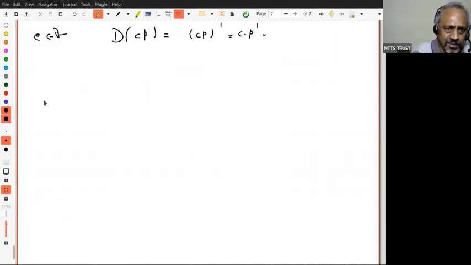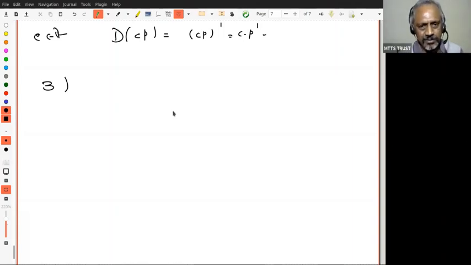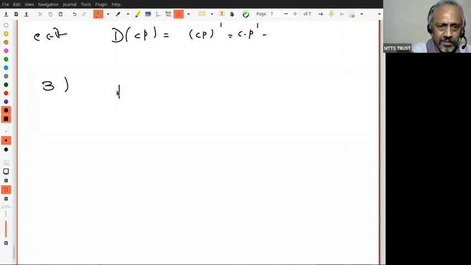A third thing, again in analysis, is the following. I hope you know something about integrability, but let's not worry about that. I pretend as though you know something about functions for which I can talk about the integral.